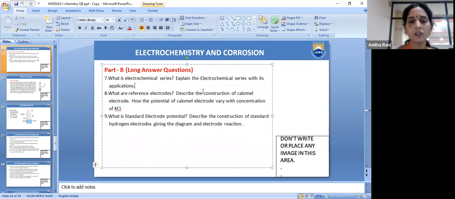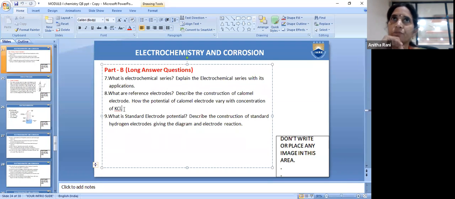Describe the construction of calomel electrode and write the potential values. How does the potential of the calomel electrode vary with the concentration of KCl? If the concentration of KCl is lesser, like 0.1, is the electrode potential more or less?